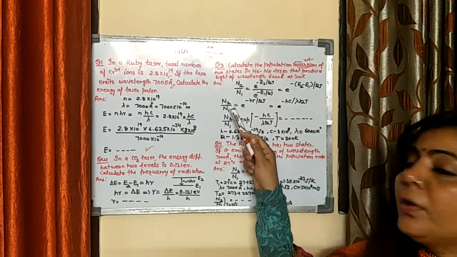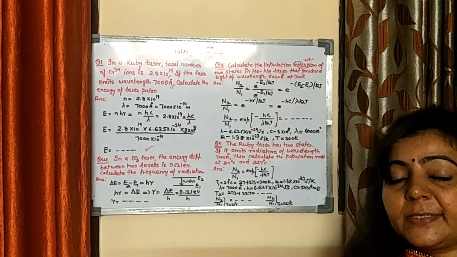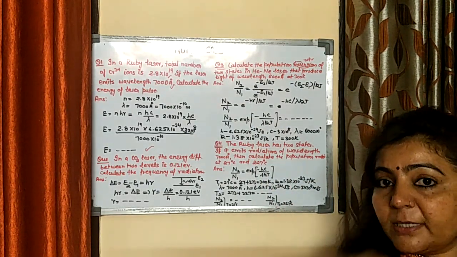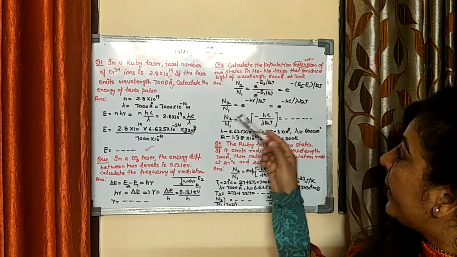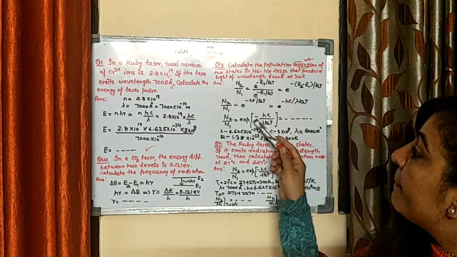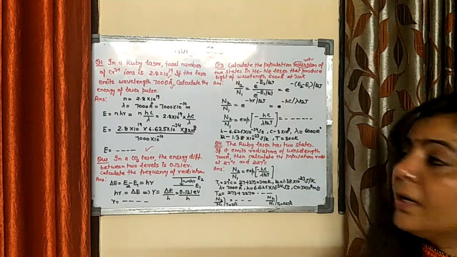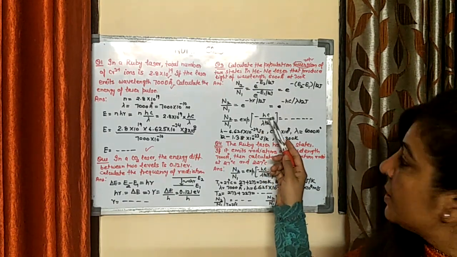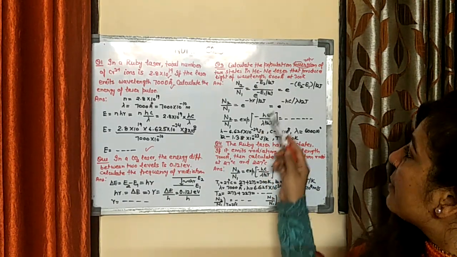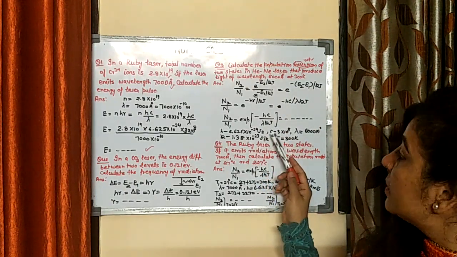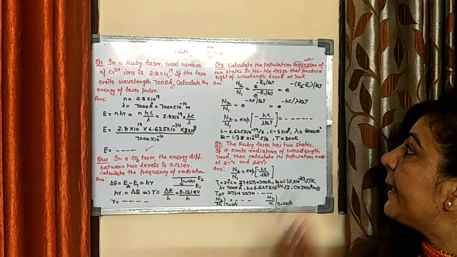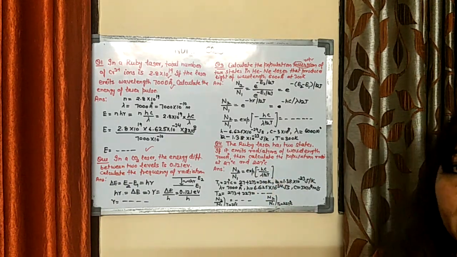So the population ratio N2 by N1 is e raised to power minus hc by lambda kT. Here h is Planck's constant, c is the speed of light, lambda is 6000 angstrom, k is the Boltzmann constant, and T is the temperature, 300 Kelvin.